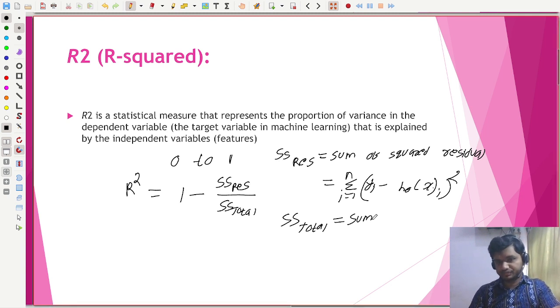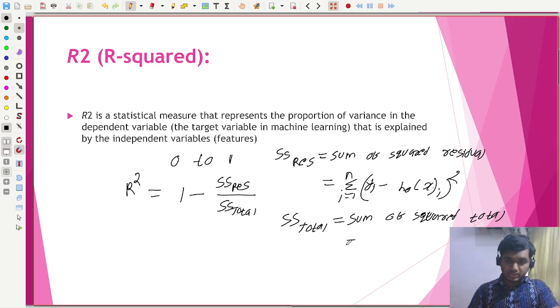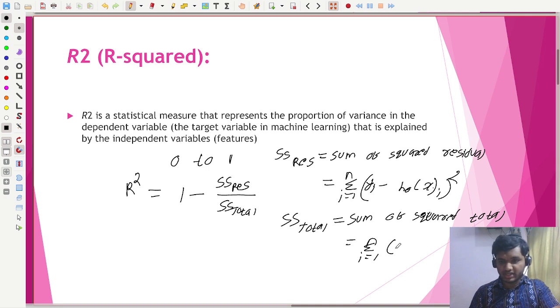Here, the summation i equal to 1 to n, the formula is the same, (yi actual minus predicted) whole square. Here you notice what SSRES is and what SS total is.